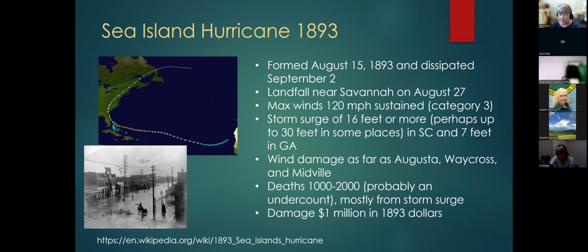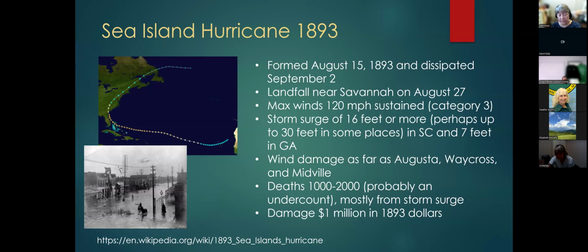So storm surge was high. There were a few places where water was funneling into a small area, and the storm surge could have gotten up to 50 feet in some places. The wind damage was reported as far as Augusta, Waycross and Midville. It was a pretty large storm, with a lot of wind damage. The official number of deaths was 1,000 to 2,000.